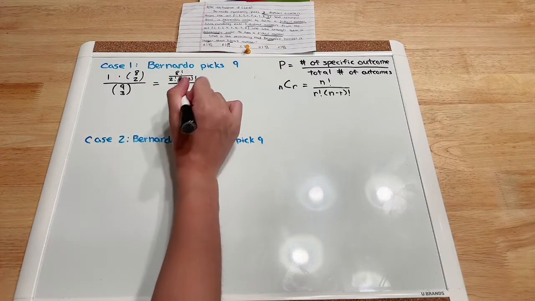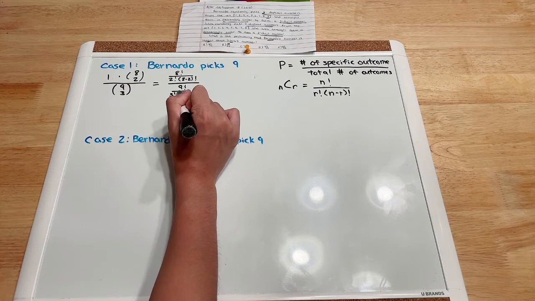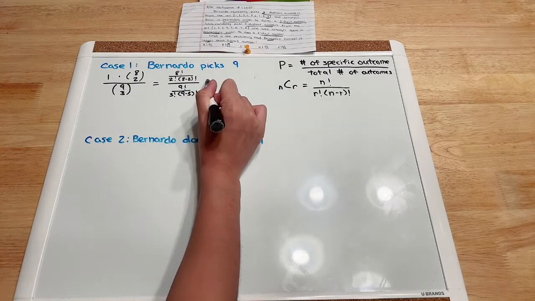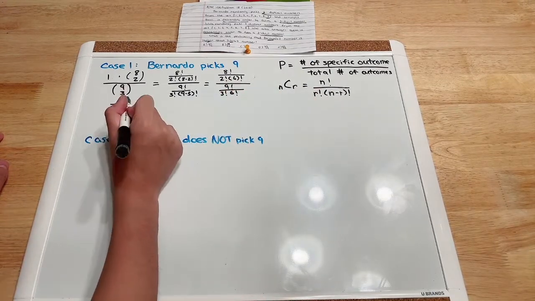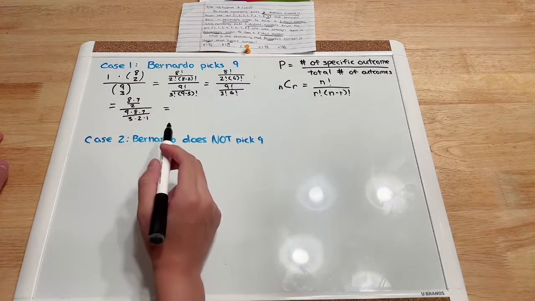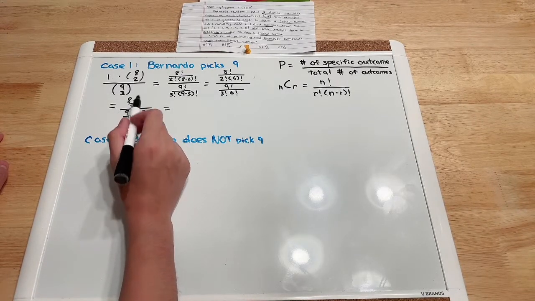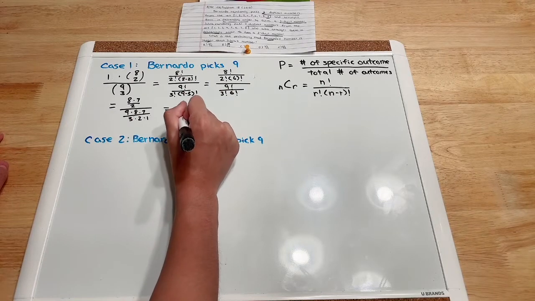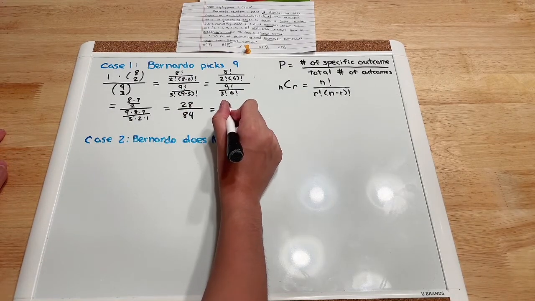And then same for the bottom: this would be 9 factorial over 3 factorial times 9 minus 3 factorial. And then we can simplify this. 8 times 7 divided by 2 would be 4 times 7, which is 28, and then the bottom would be 84. And then this simplifies down to 1/3.